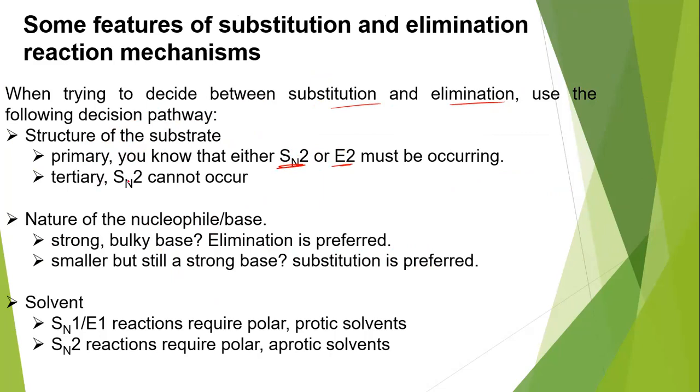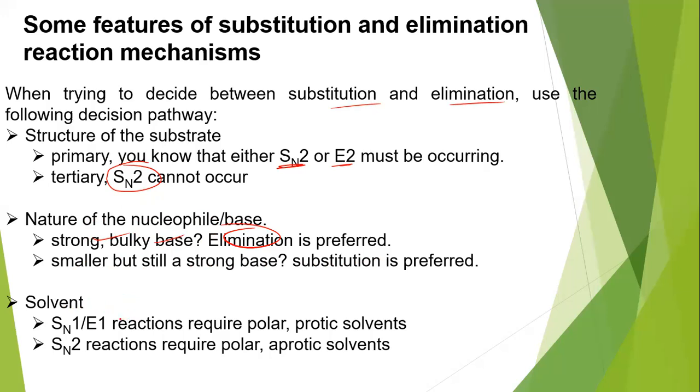If it's tertiary, SN2 cannot occur because of steric hindrance. Now, the nature of the nucleophile or base: if it's strong and bulky, then we are thinking of elimination. If it's small and strong, we are thinking of substitution.